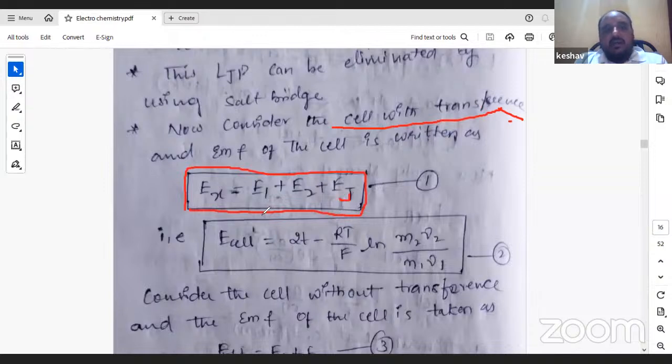And its equation, just now we derived, E cell is equal to 2t minus RT by F ln gamma 2 M2 by M1 gamma 1. This is the equation for a concentration cell with transference. That is the one equation we considered. So this is equation number 1.